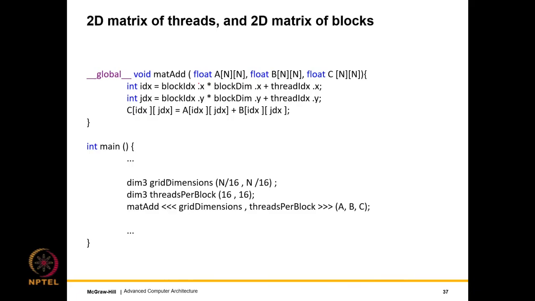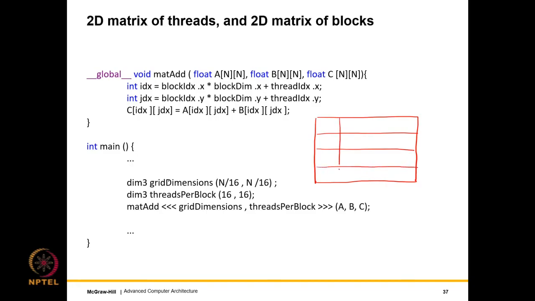Within the kernel, we compute two indices, idx and jdx, but idx is of course computed in a special way. The same holds for jdx as well. To understand, let us draw the grid in a better fashion. Each of these squares here is a thread block.